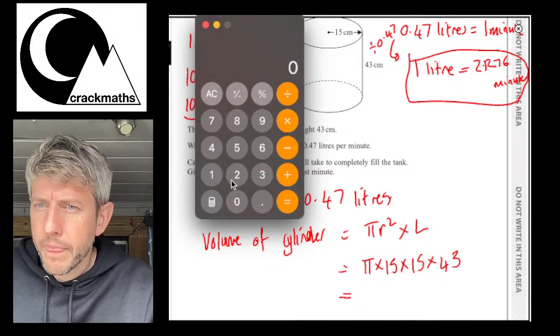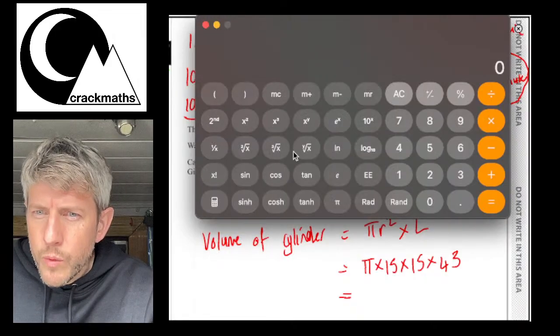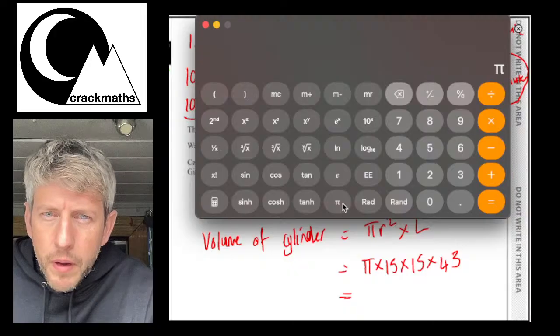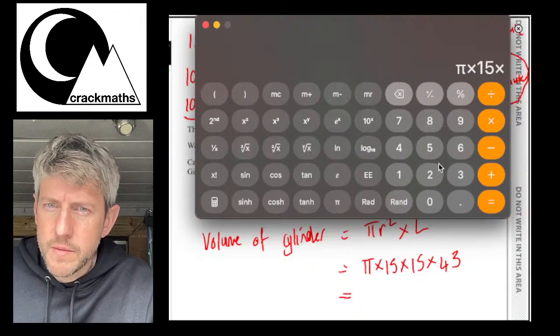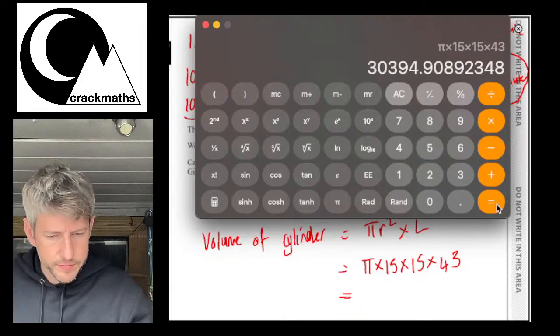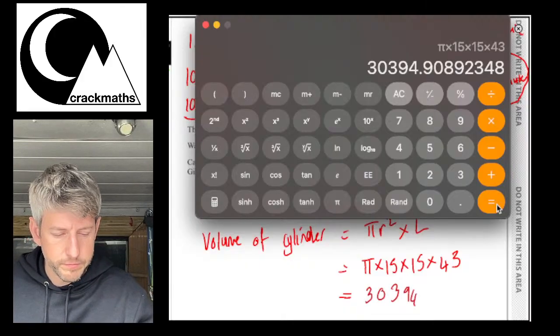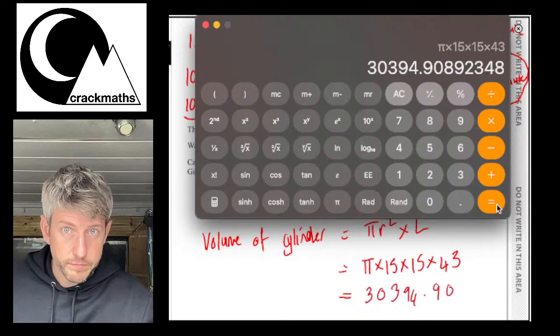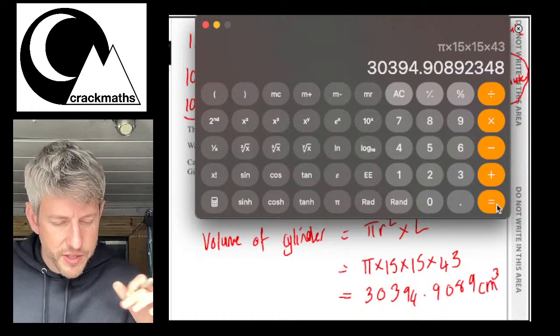Let's use the scientific calculator because we're here. Pi times 15 times 15 times 43 equals this. That's in centimetres cubed.